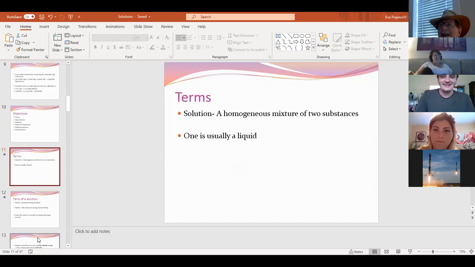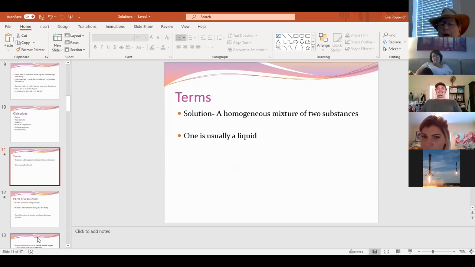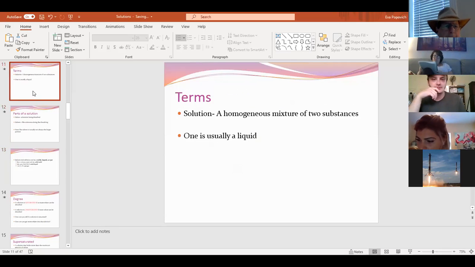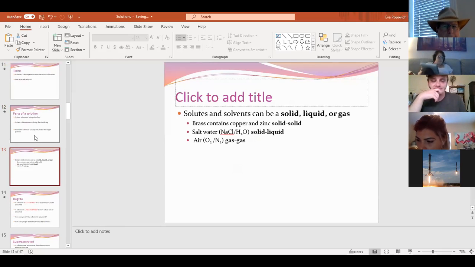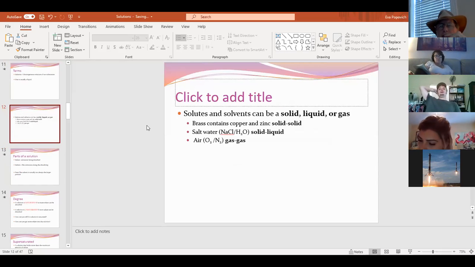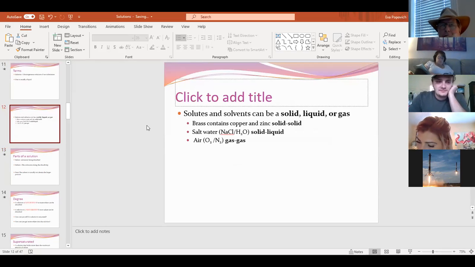A solution is nothing more than a homogeneous mixture of two substances. Generally speaking, we like to think of one of them being a liquid, although that is not always the case. Solutes and solvents can be a liquid, solid, or gas.